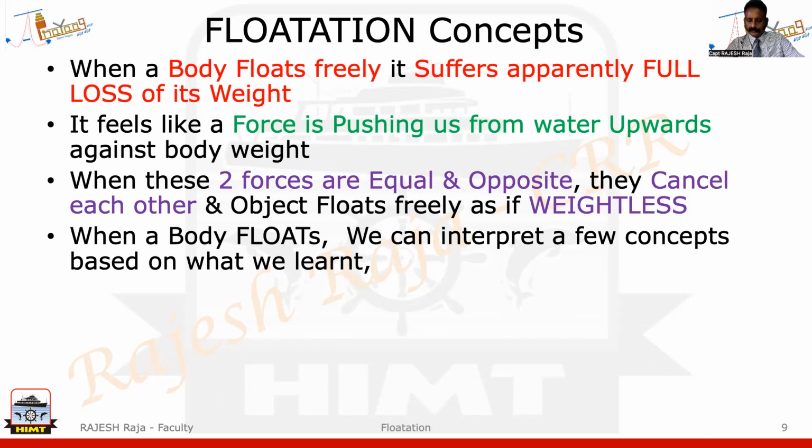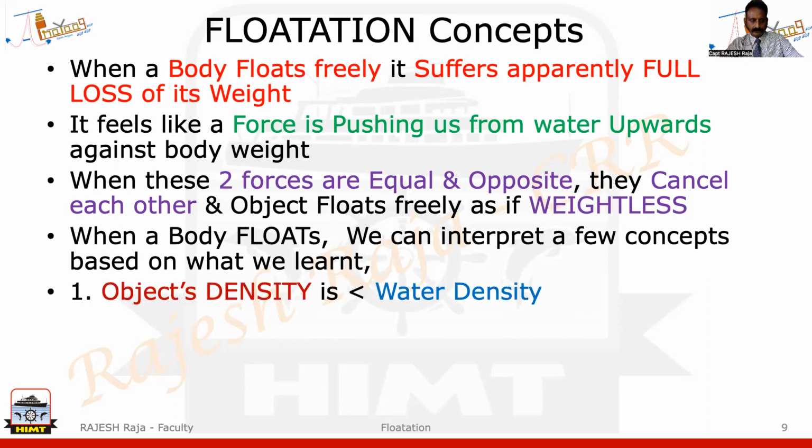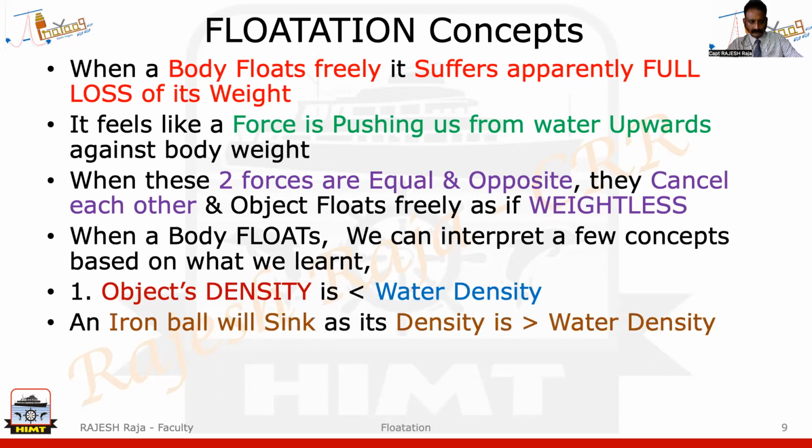We can interpret a few things based on whatever we have seen. Let us look at the first interpretation. That means the object's density is less than the water density so that it can float. Example, an iron ball will sink because its density is more than the water.